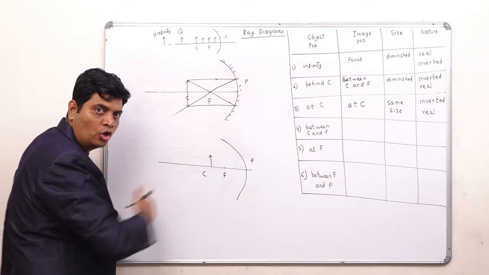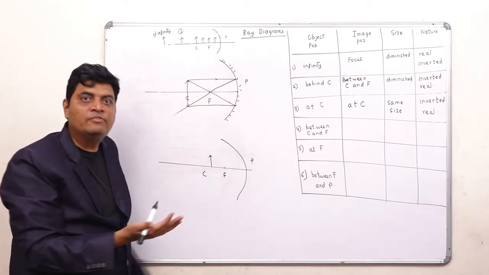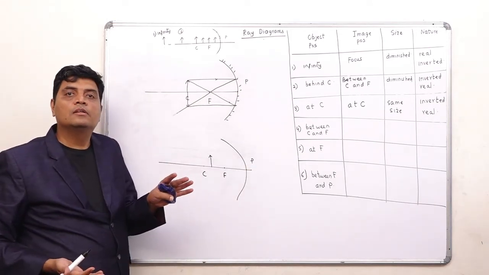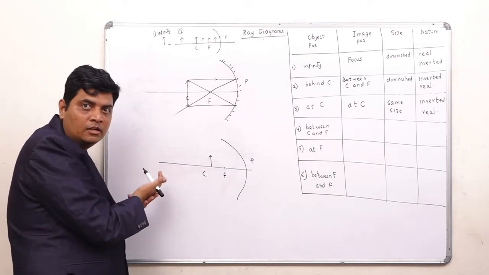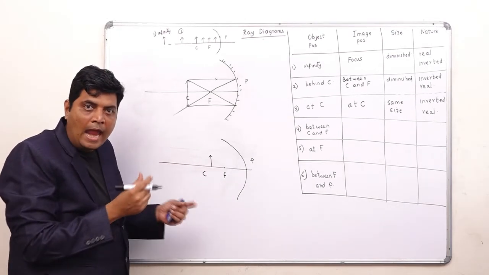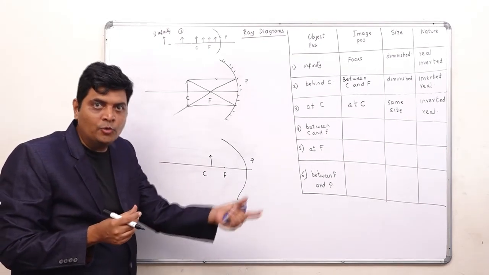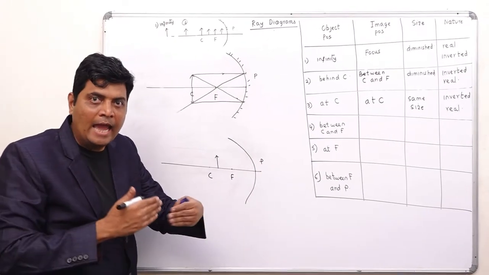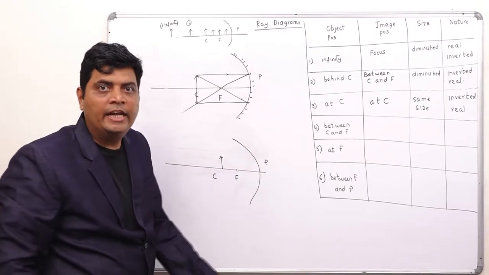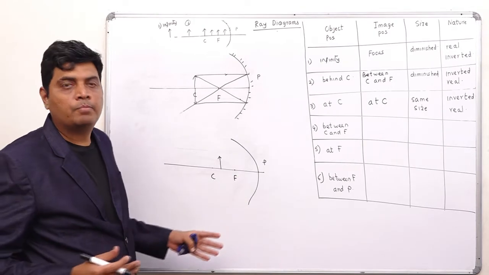As soon as the object crosses C, the image will be bigger than the object. Behind C, it is going to be smaller. At C, it is going to be of the same size. As soon as it crosses C, it will start magnifying.